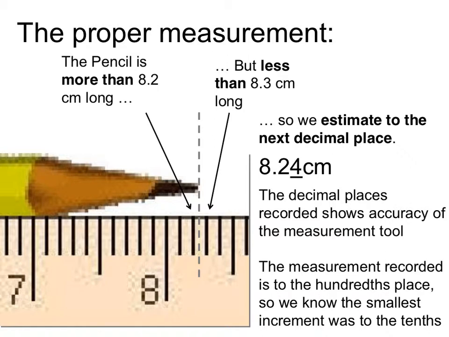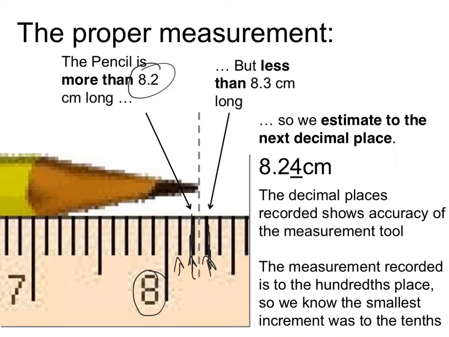This slide just goes on to explain a little bit how we measure. Since we know that right here is 8, this is 8.1, 8.2, 8.3. We can tell that the pencil is longer than 8.2. It was past this line, but it was shorter than 8.3, so it falls in between those two.